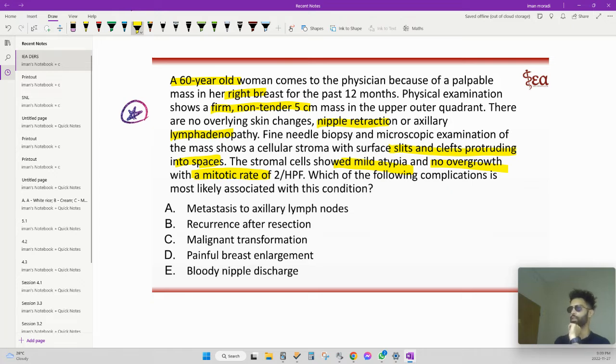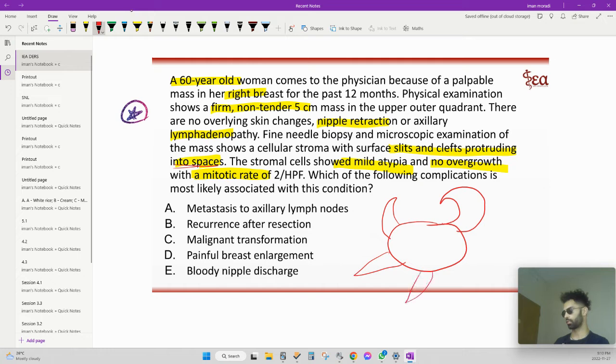Oh, I get that description now. So here it says slit and cleft protruding into spaces. Basically, some tumors grow like this, but some make things that kind of invade. It's not really invasion, but it goes into the stuff around them, right?